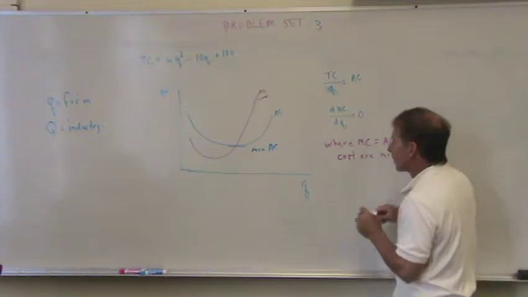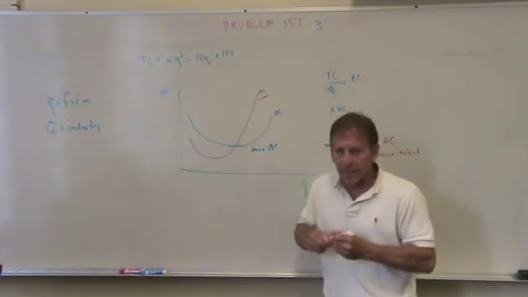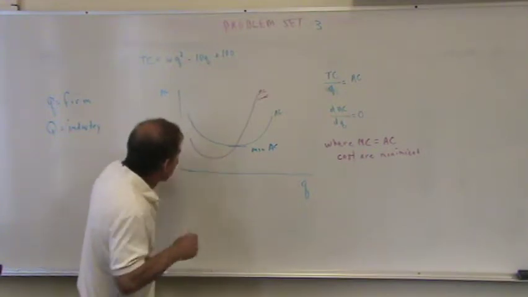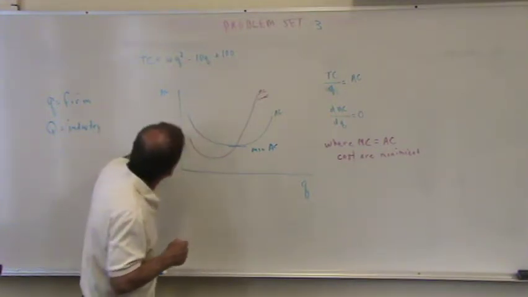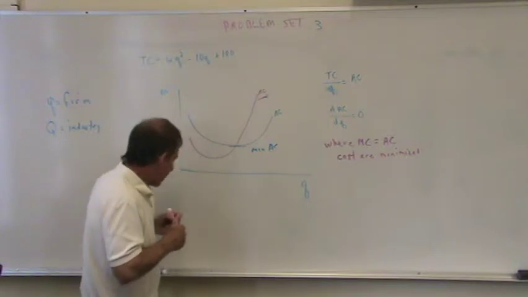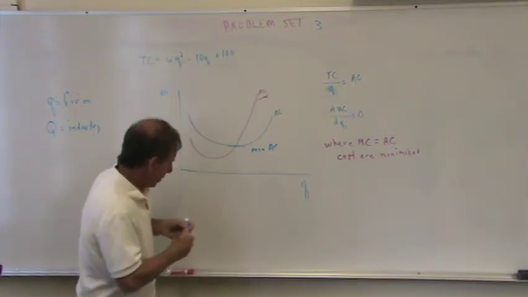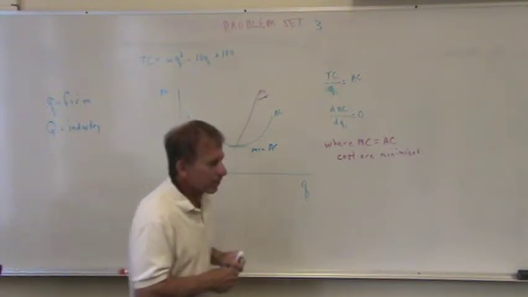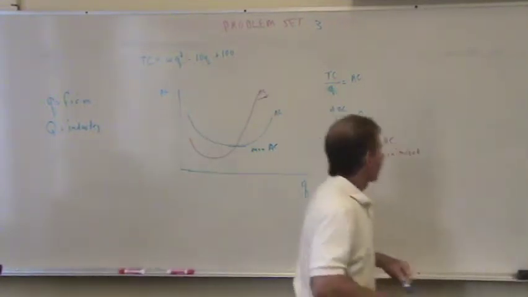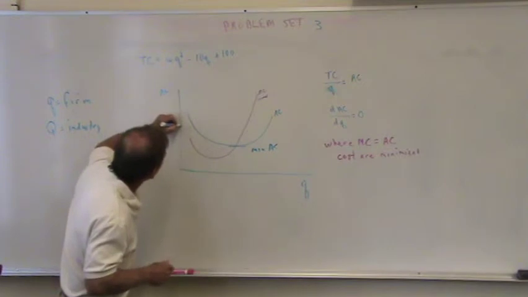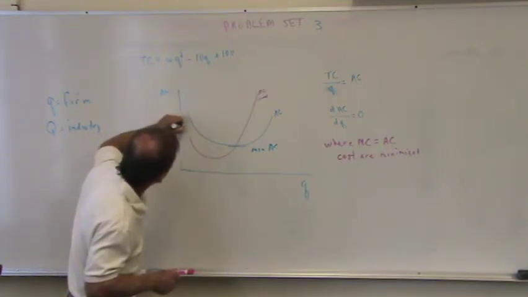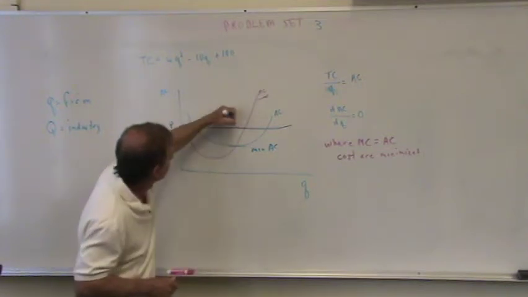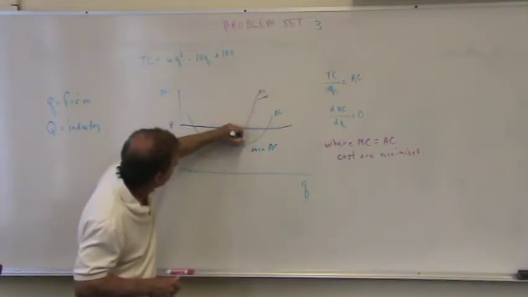This is also the point that, in a competitive industry, a company is going to charge in the long run. The lowest price they could charge in the long run would be right here. If they charge a higher price up here, there's going to be some profit, a profit area.